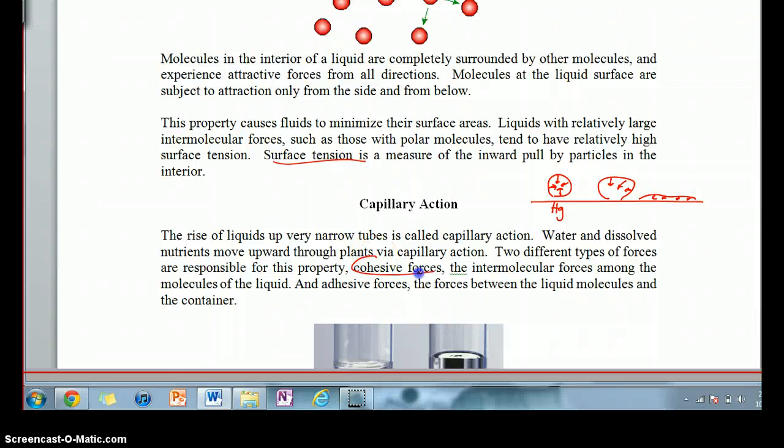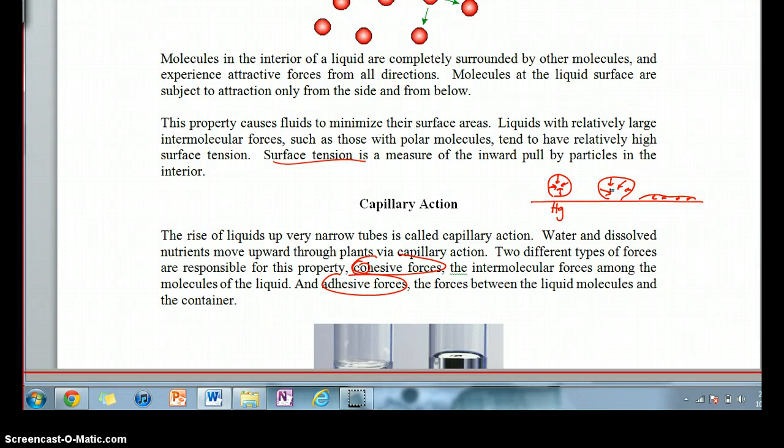Cohesive forces are the intermolecular forces within the liquid itself. Adhesive forces are the forces between the liquid molecules and whatever container it's in.